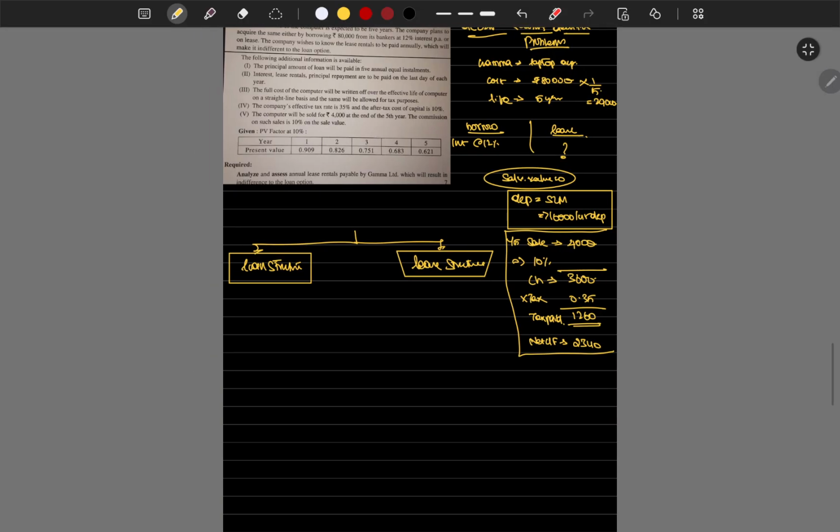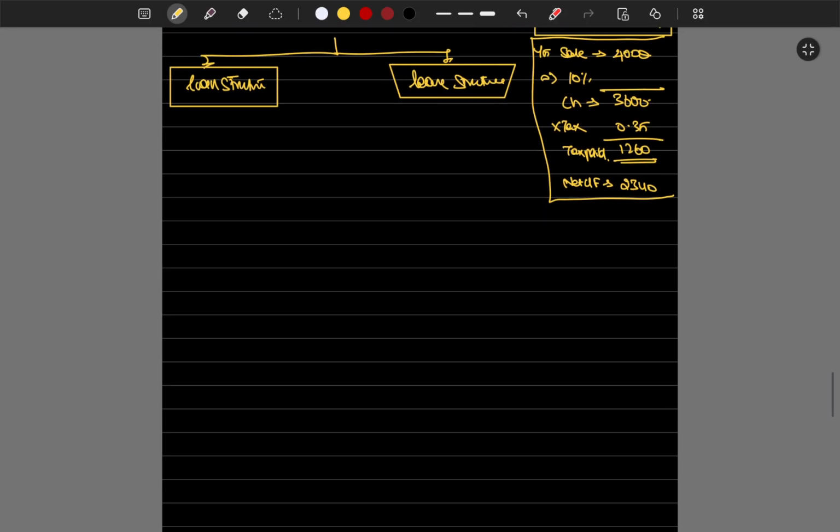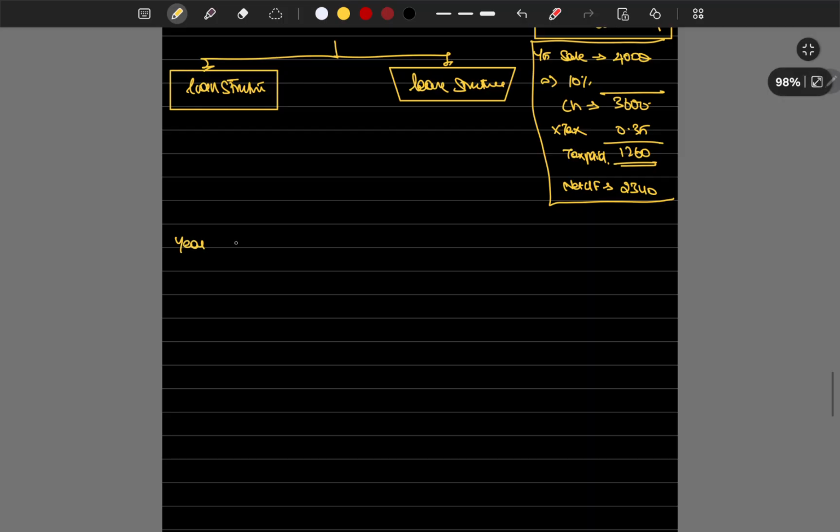Okay, now the loan structure. Our loan structure will be: opening loan, principal, closing loan, interest, depreciation, tax saving on interest and depreciation.